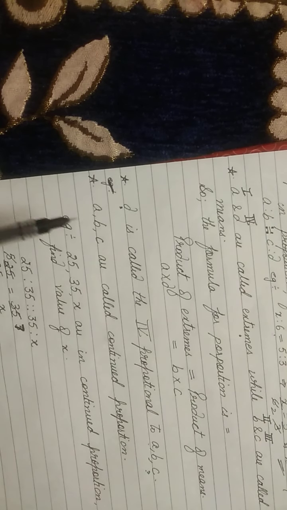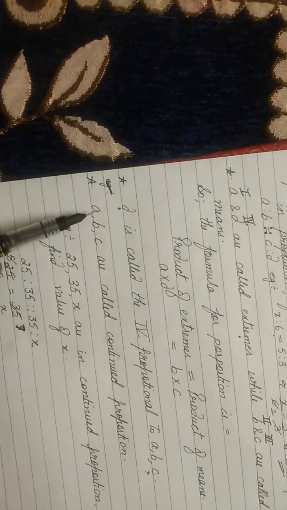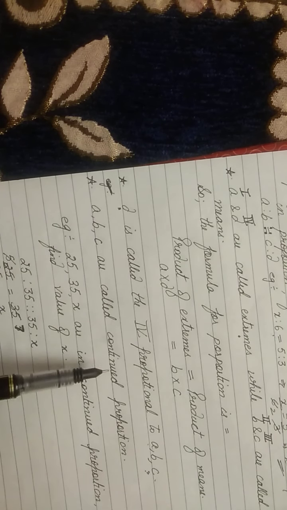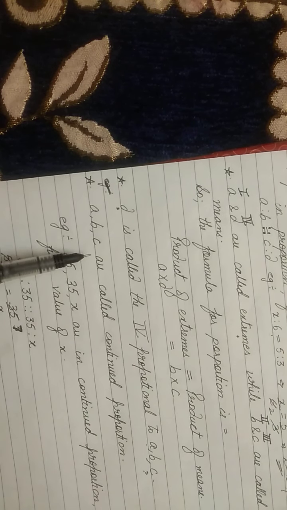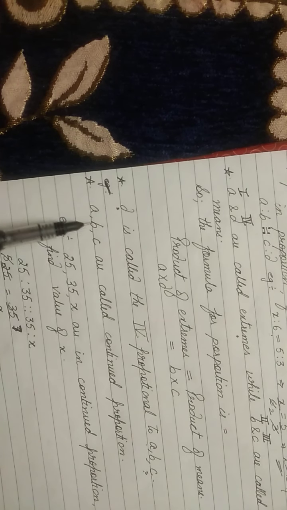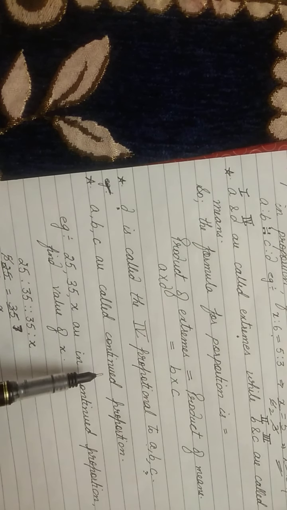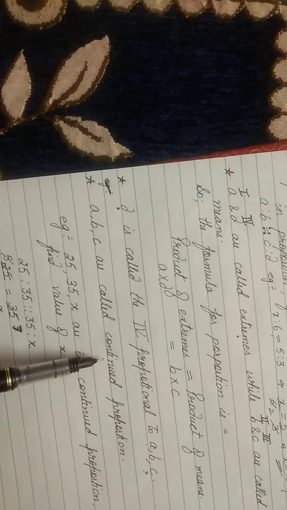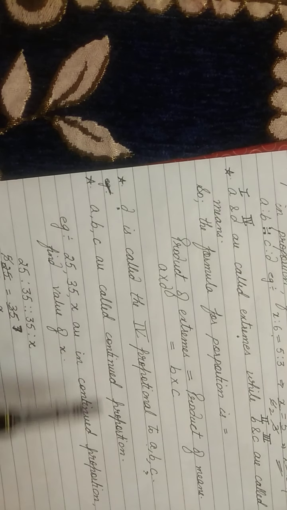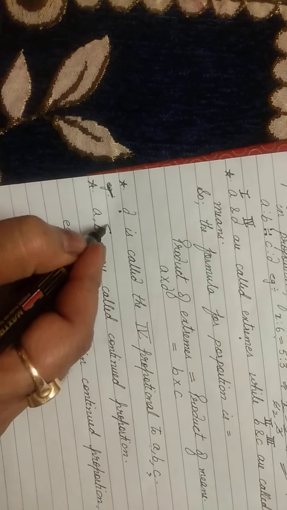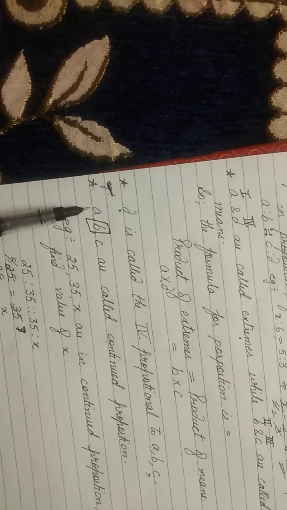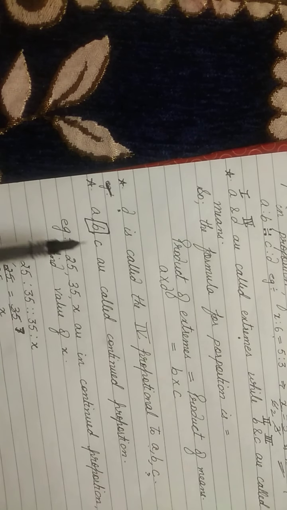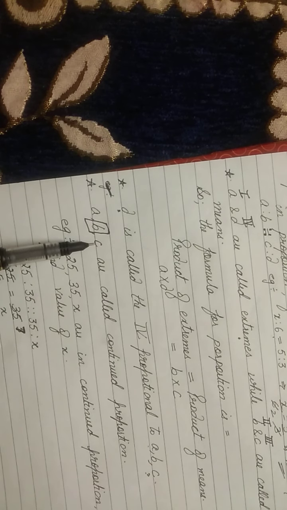Clear? Your first three numbers, that is your A, B and C, are considered to be your continued proportion if your fourth proportion is not given and you have got only three values. अब continued proportion का मतलब क्या होता है? Continued proportion means that this B value will be the denominator of A and the numerator of C. I am again telling it.